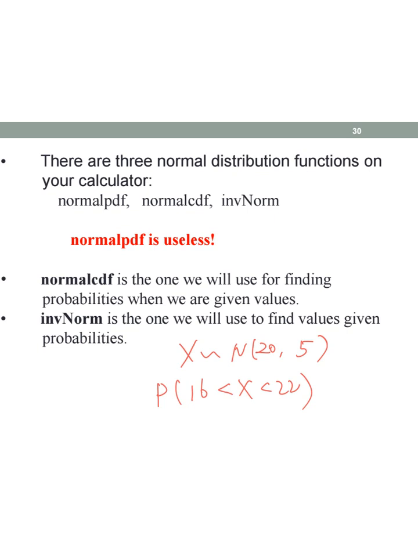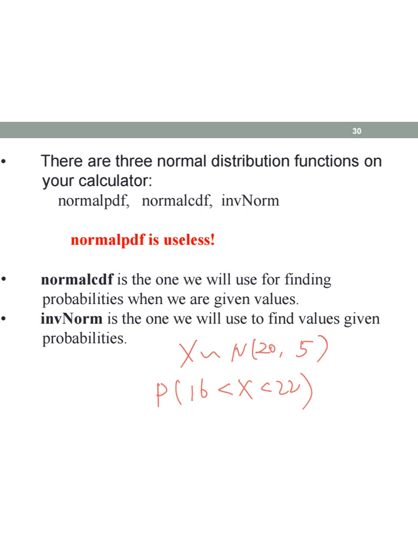Values of x less than 16 are not taken into consideration. The upper is 22, so I input 22. The mean is equal to 20, the standard deviation is equal to 5, and then press enter. It will give you the probability. Does that make sense?